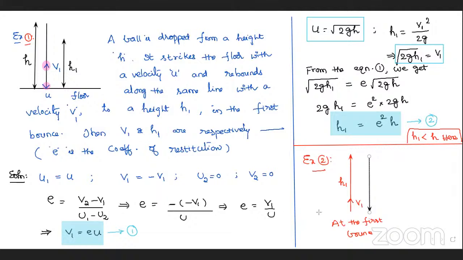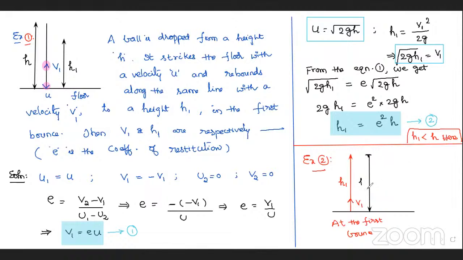And it hits the ground here. Observe, it is falling down from what height now? H1, exactly. This time you responded. H1, right, good.